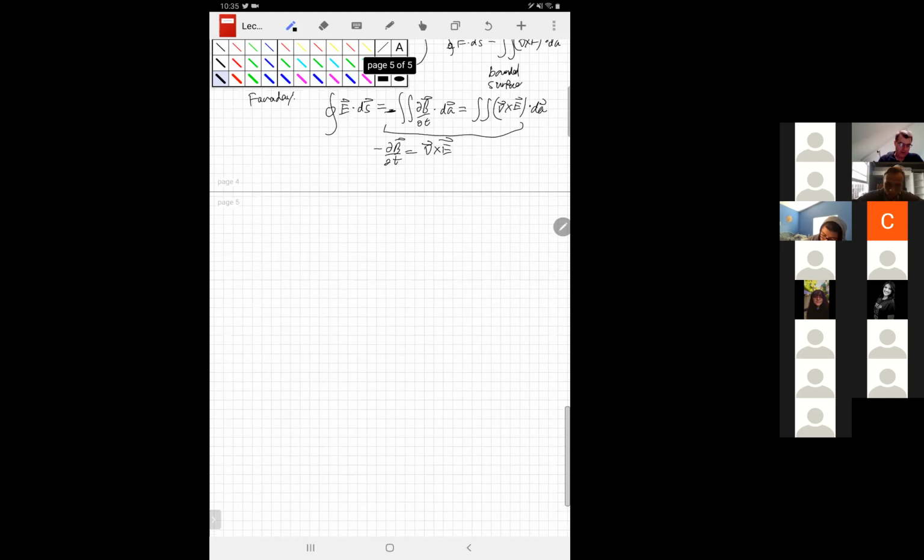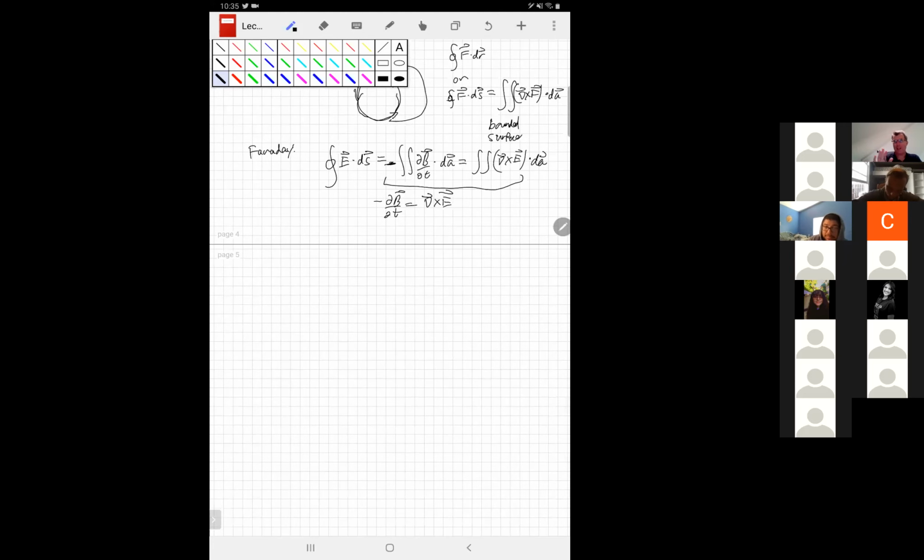And there are various types of units in E and M. This is not going to be any homework or test in here. But there's everything from very childish units like SI or CGS, to teenage young adult units where you would have minus 1 over C partial B partial T equals curl of E. I call those teenage young adult.